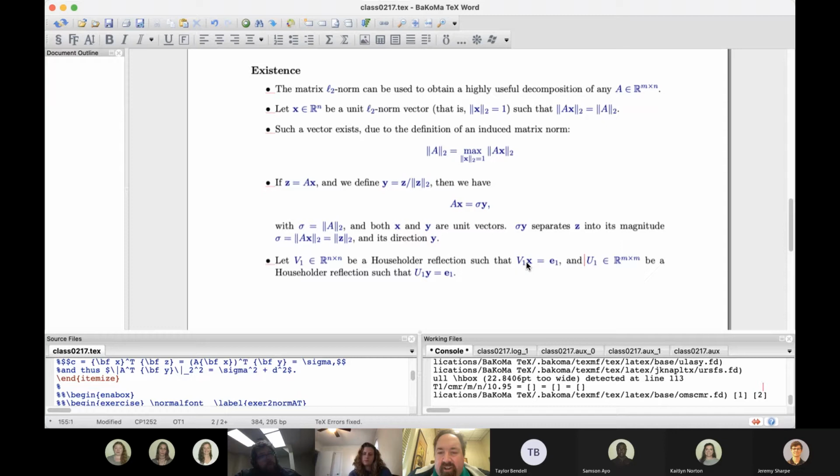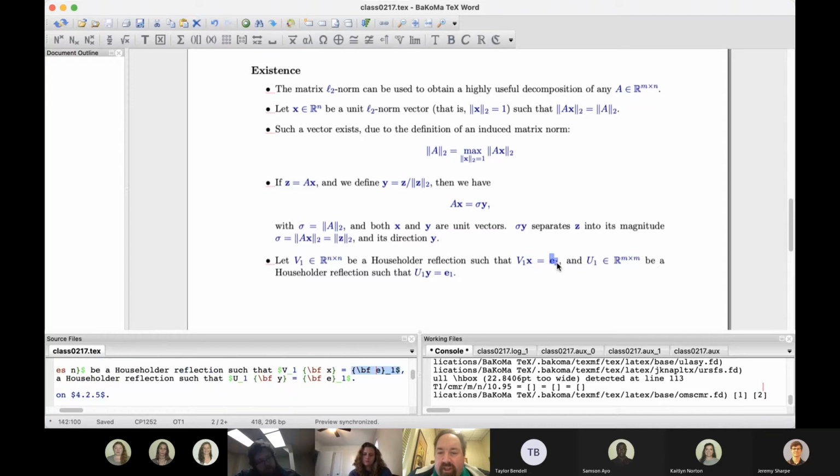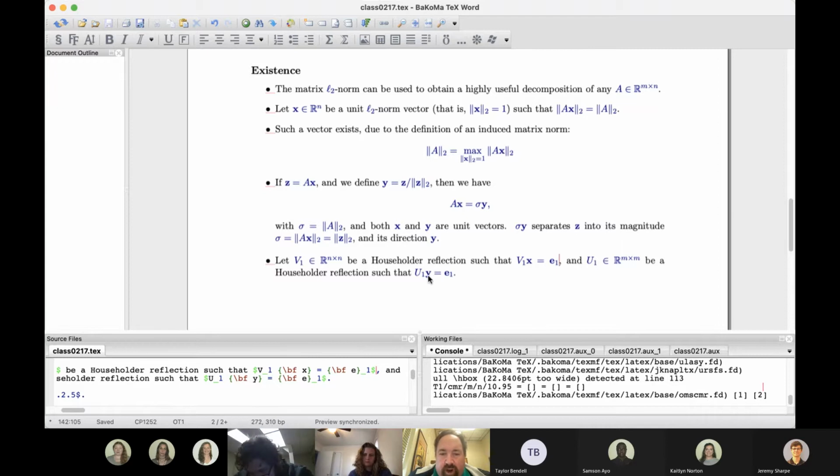And remember, what goes here has to have the same norm as x. Well, x is a unit vector, so that works. Same thing here with y. y is a unit vector, so a householder reflection applied to y will also give me a unit vector. So this is a householder reflection that will zero out all the elements of y except for the first one.